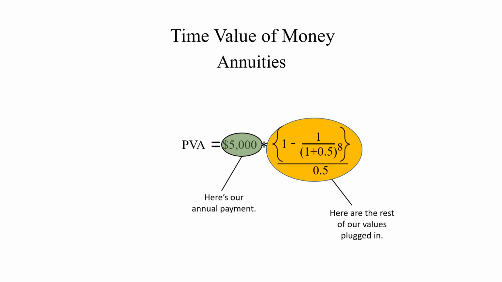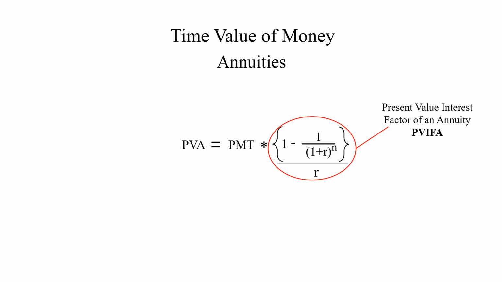You can be confident that we'll get the same answer irrespective of the method that we use. Fortunately, that complicated expression in the red circle has already been computed for us. It's called the present value interest factor of an annuity, the PVIFA, and it's available in the present value of an annuity table. We'll see that in just a minute.